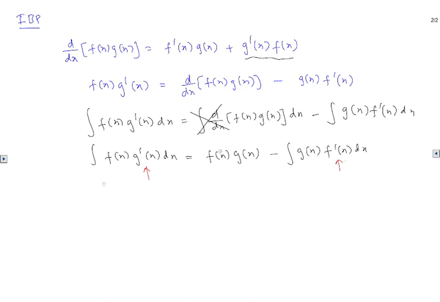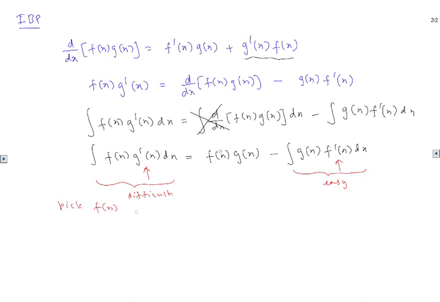maybe this integral is difficult to integrate. So what we're trying to do, we try to transform the difficult integral into an easy one. That's the goal. How do we do it? We pick f(x) wisely.